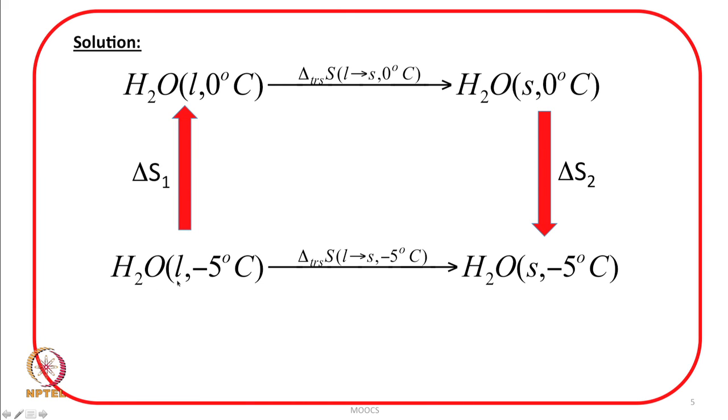Path 1, when water in the liquid state at minus 5 degrees Celsius is taken to 0 degrees Celsius, and the corresponding change in entropy is delta S1, and then there is a phase transition, let the liquid solidify at 0 degrees Celsius, that is a normal phase transition, and then you reduce the temperature to minus 5 degrees Celsius, and the corresponding change in entropy is delta S2.